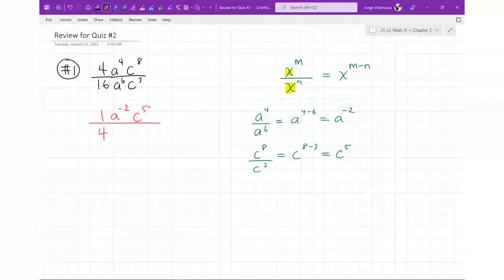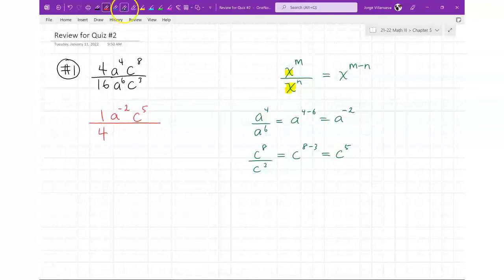Now, what are we supposed to do when we have a negative power on a variable? You guys remember? If it's on top and it's a negative power, what do we do to it? Move it down, right? So if it's on top of a fraction and it has a negative power, we move it down to make the power positive.